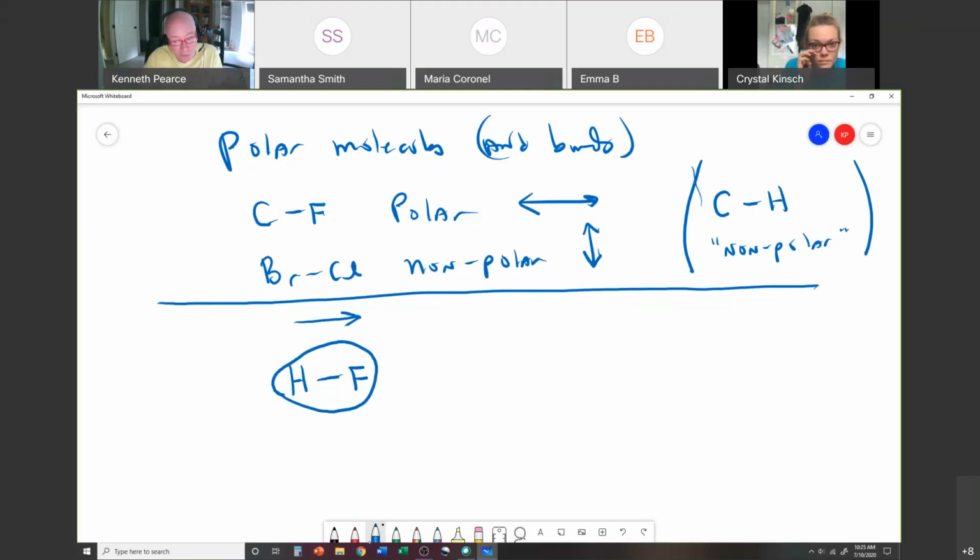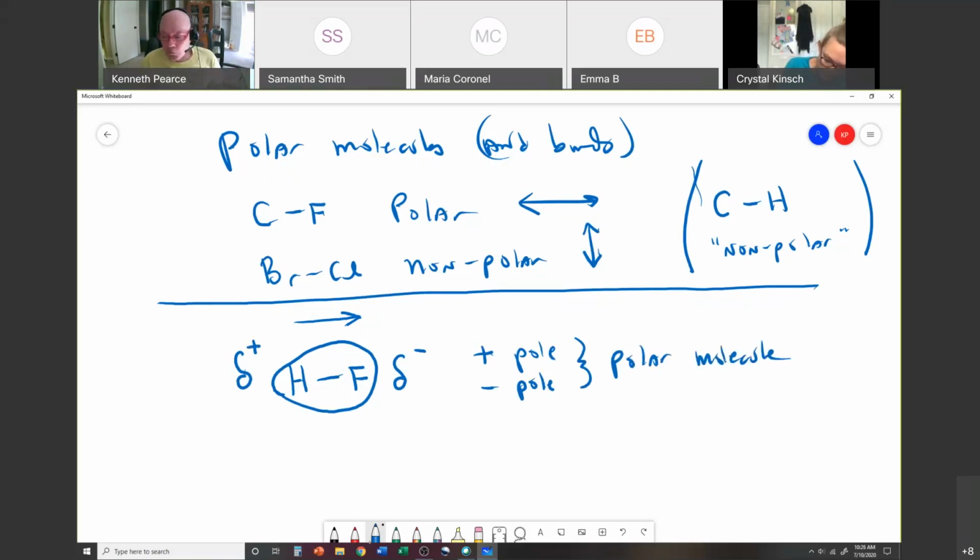Electron is negative. And so the end that has more electron density is going to be partial negative. And the end that has less electron density is going to be partial positive. Okay, and so we have a plus pole and a minus pole, and that makes this a polar molecule.